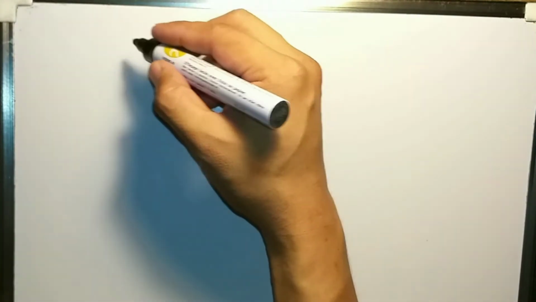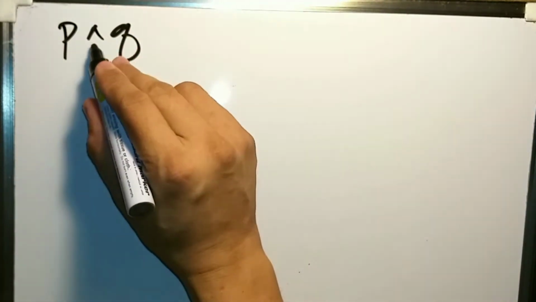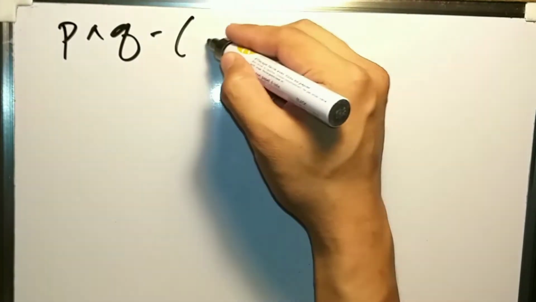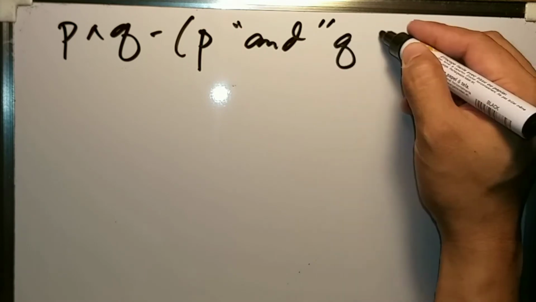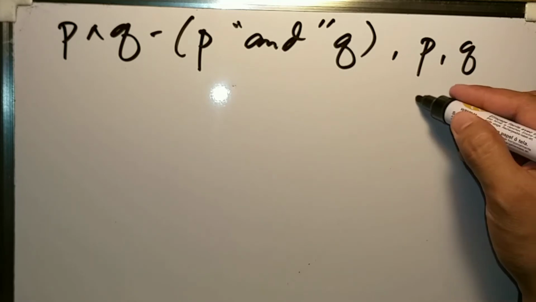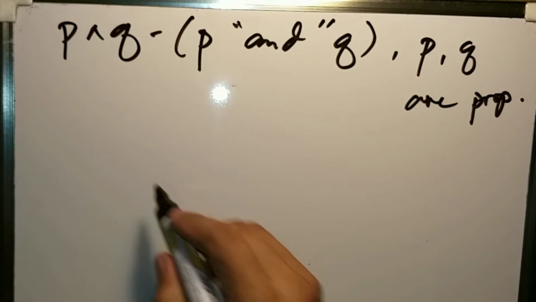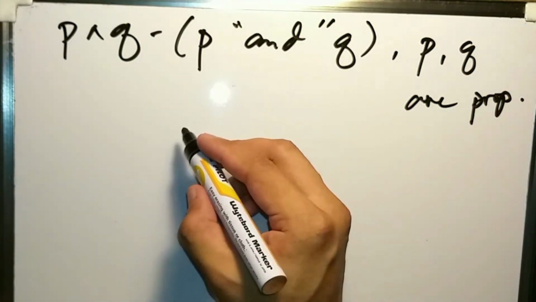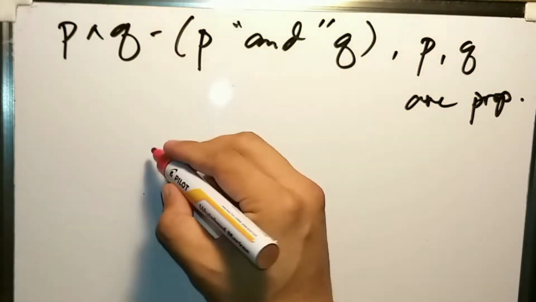So we will first discuss the compound statement P and Q. P and Q here are propositions. So we define P and Q as follows.